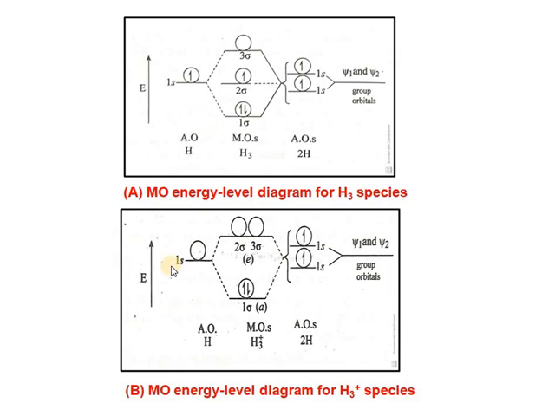So these two diagrams of linear and non-linear molecules show how the energy changes, or how the sigma molecular orbitals change into degenerate molecular orbitals, right?